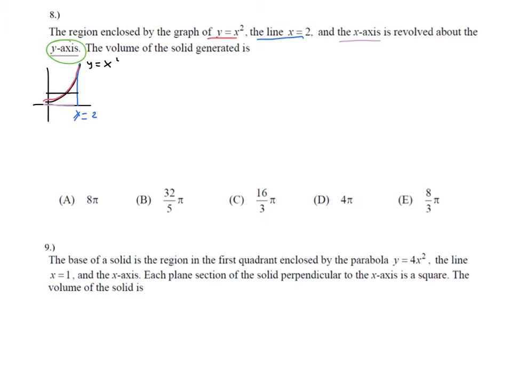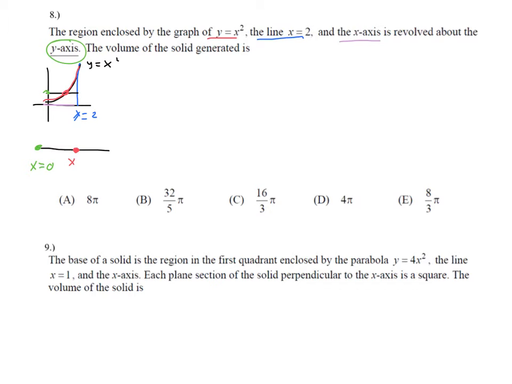I'm starting on my axis of revolution, and I'm drawing a line through my regions. So if I draw a line through my regions, starting on the axis of revolution, x equals 0. This next point is the red point.